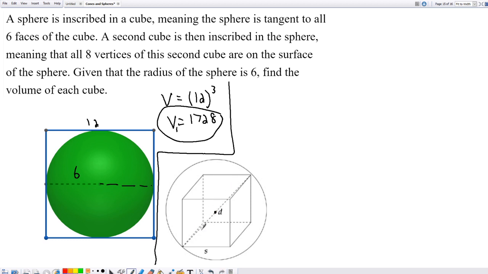Well, we know the diameter again is 12. The diameter is this long line from this corner of the cube to the opposite corner of the cube here.